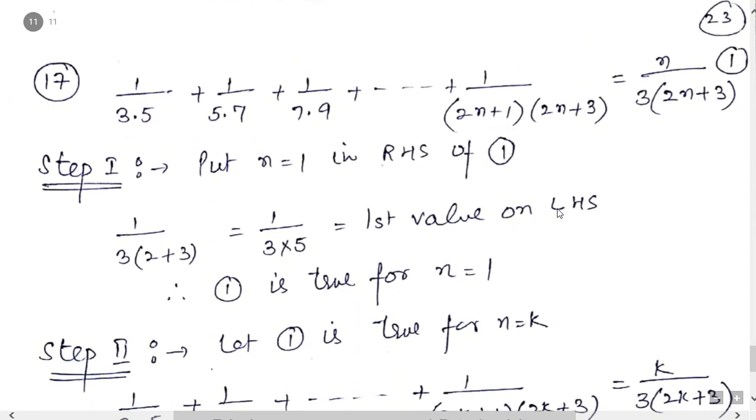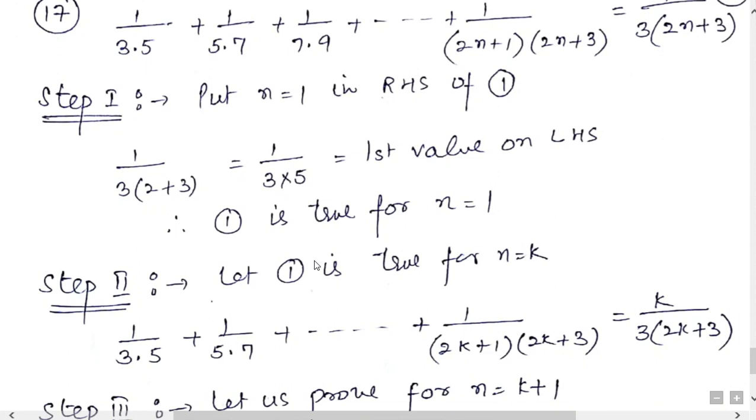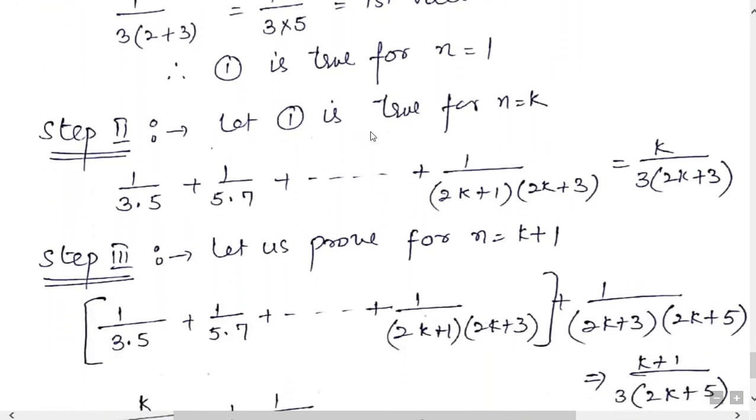Question number 17 is again on the same pattern. Insert n is equal to 1 in right hand side. You can get 1 over 3 into 2 plus 3. It's 1 over 3 into 5. It matches with the first value on the left hand side. Then in place of n, write k for step number 2.